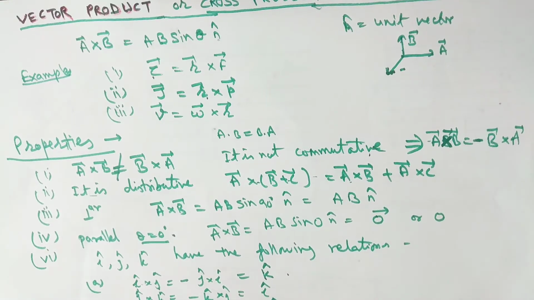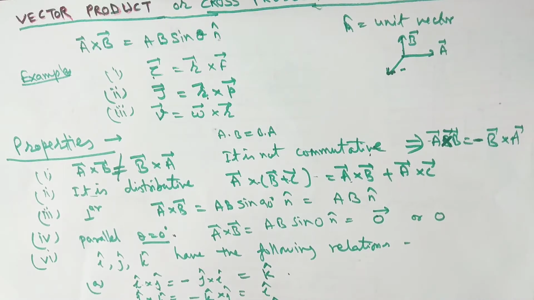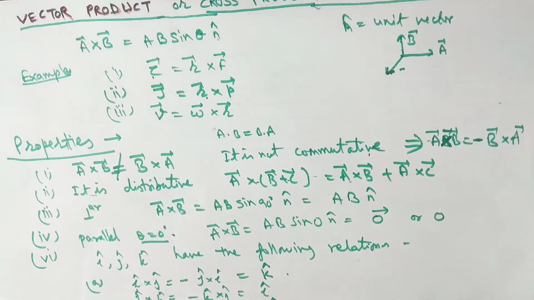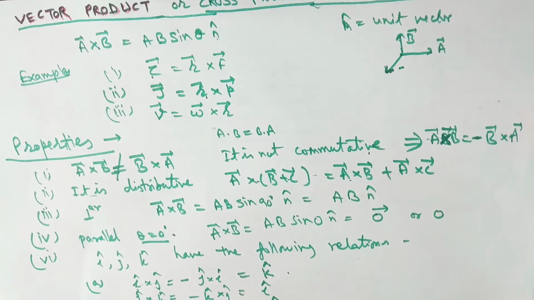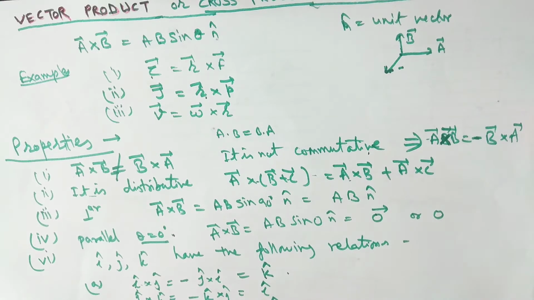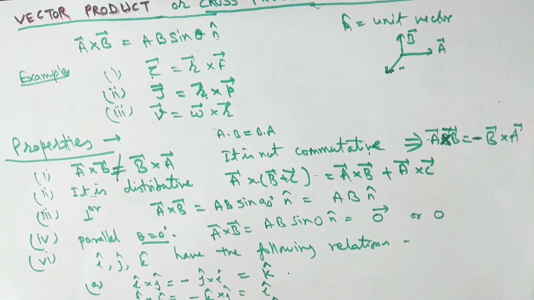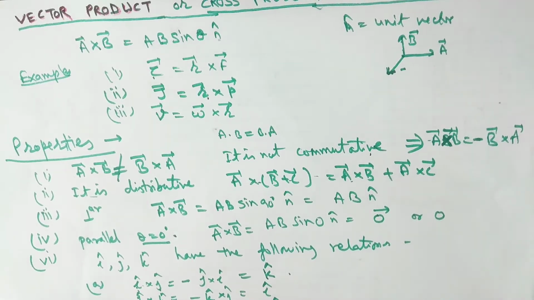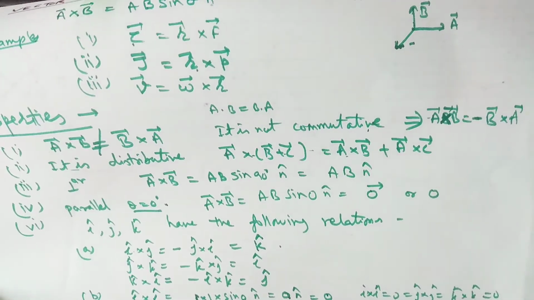The magnitude has sine, and the angle is 0, so we can write 0 n cap, or simply 0. Similarly for I, J, K: I cross I is equal to 0, J cross J or K cross K, all are 0 here.